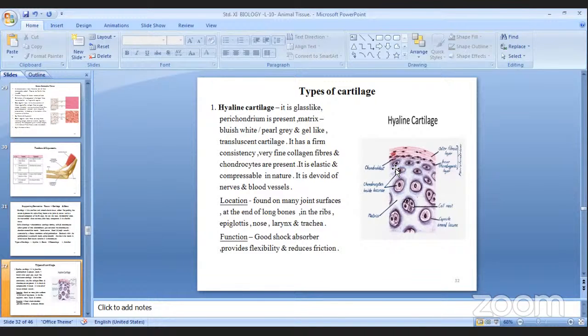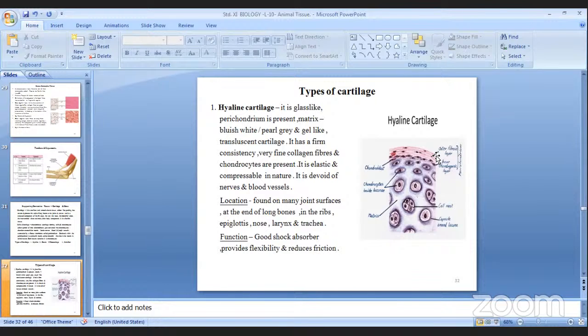Chondroblasts are also present over here. You can see they are scattered. The empty spaces, or the cavities in the matrix, are known as lacunae. And these cavities consist of 2 to 8 chondrocyte cells.